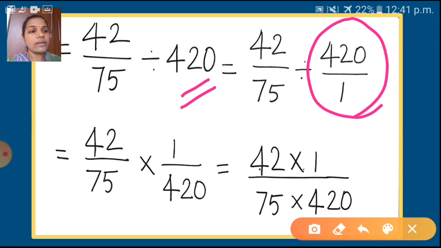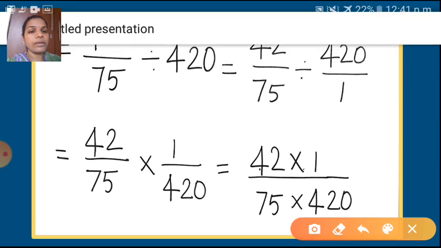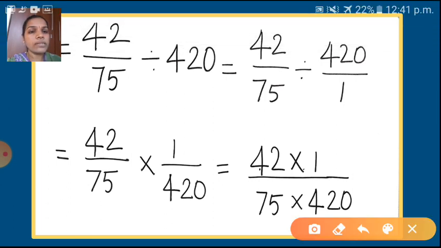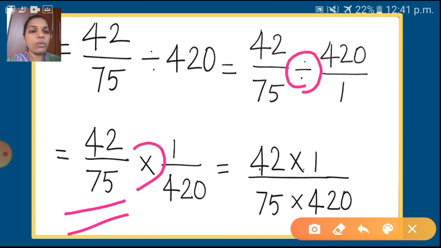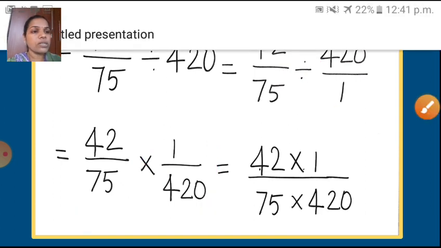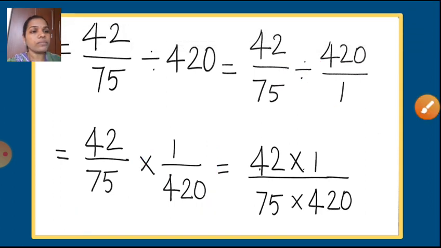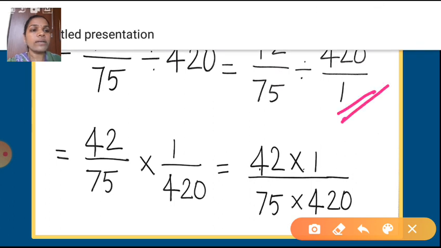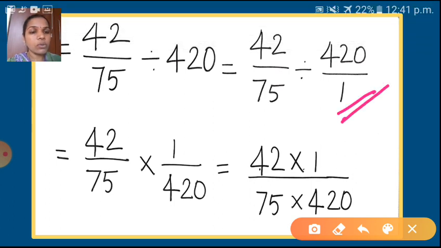Okay. So children, see here. Next step. Yes, 42 upon 75. Here this division we have to convert into multiply, and this fraction we should write what? Yes, we should write the reciprocal of this fraction here. So 420 upon 1, what will come?